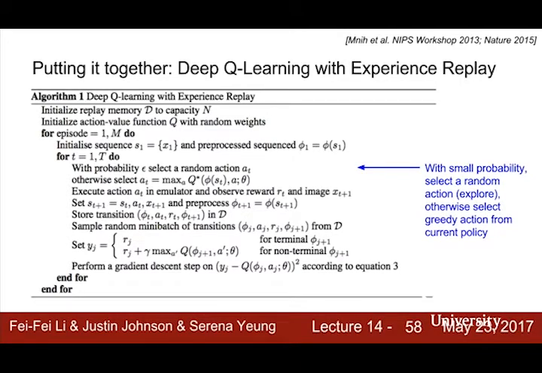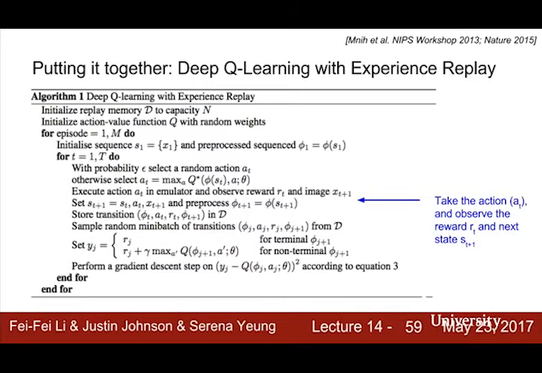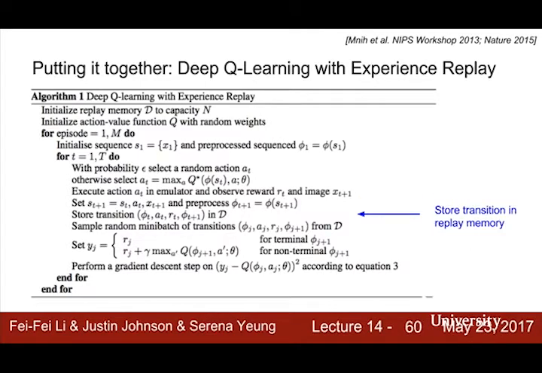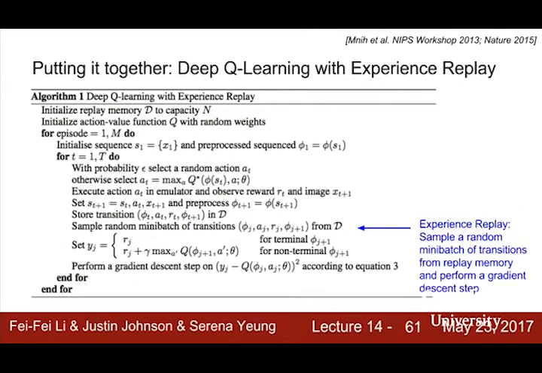So most of the time, we'll take the greedy action that we think is good, and with a small probability, we'll sample something random. Then we'll take this action, a_t, and observe the next reward and next state, r_t and s_{t+1}.